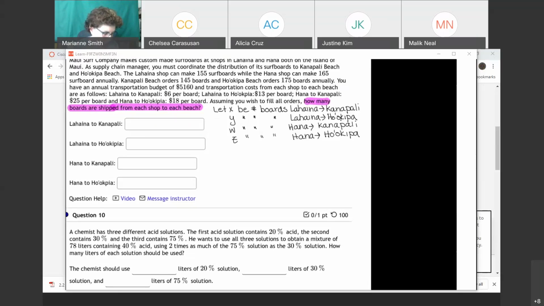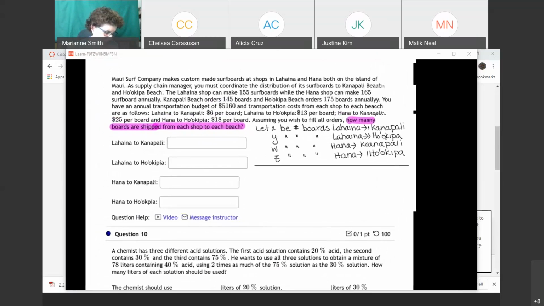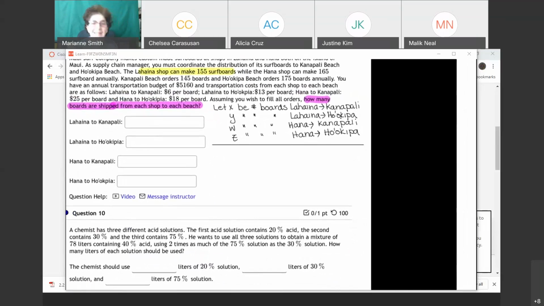All right, now let's see what we know about all of this stuff. Okay, we know that the Lahaina shop can make 155 surfboards. Okay, so let's see that over here. Lahaina can make 155 surfboards. So I have to look for all my Lahaina shop variables.